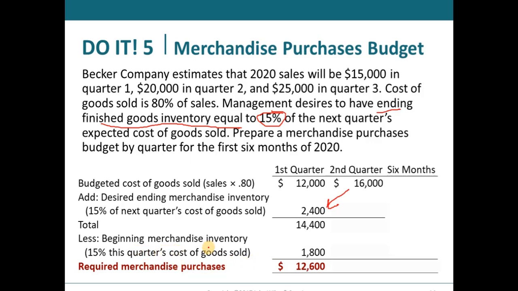Less beginning merchandise inventory, 15% of this quarter's cost of goods sold, 12,000 times 15%.